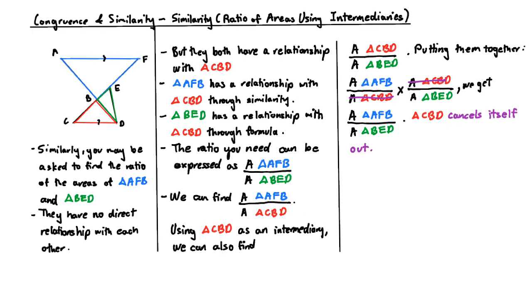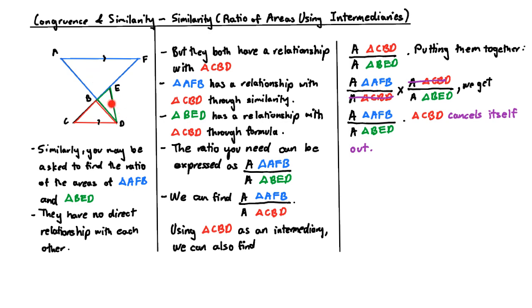You may also get a situation like this, where you're supposed to find the relationship between AFB and BED. They have no direct relationship with each other, but they both have a relationship with CBD. So AFB and CBD have a relationship through similarity, and BED and CBD have a relationship through formula.